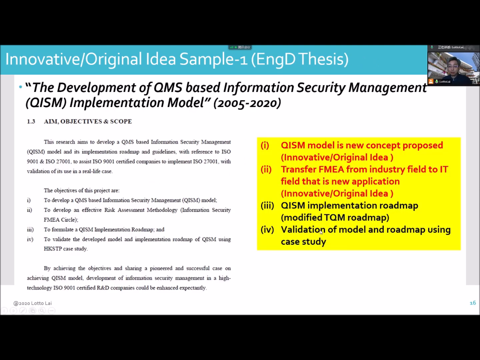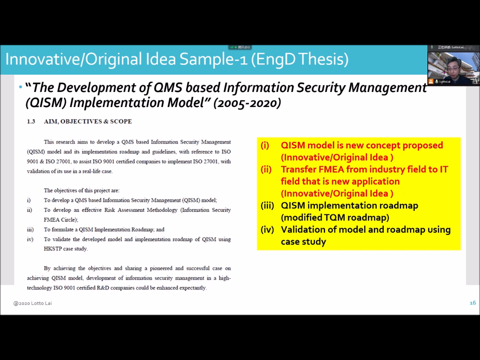The last one I would like to share is my engineering doctorate thesis. There are two new innovations. First is a QISM model. It combines QMS and information security management and builds a new model. It was a new idea at that time. And transferring FMEA from the industrial field to the IT field is a new application.